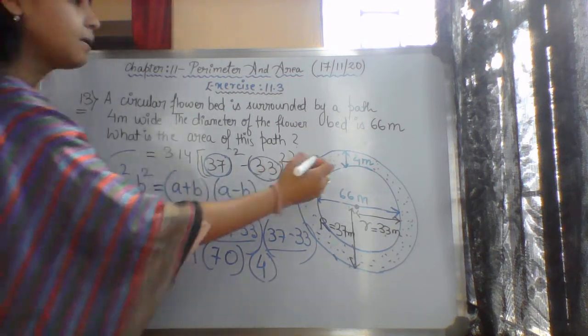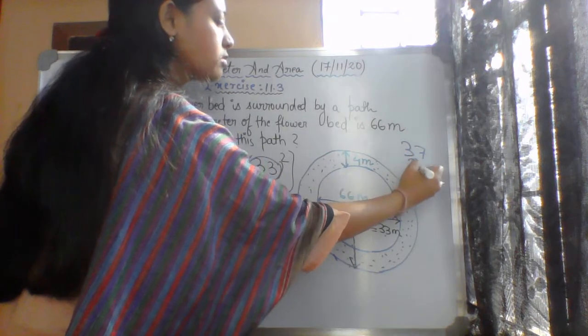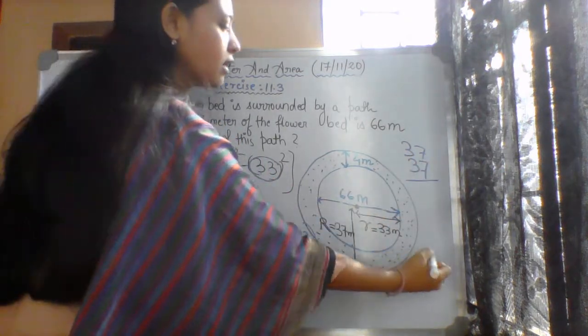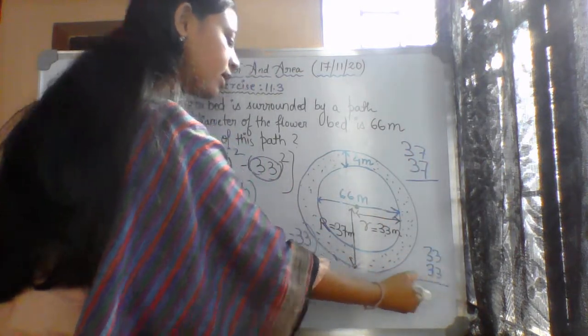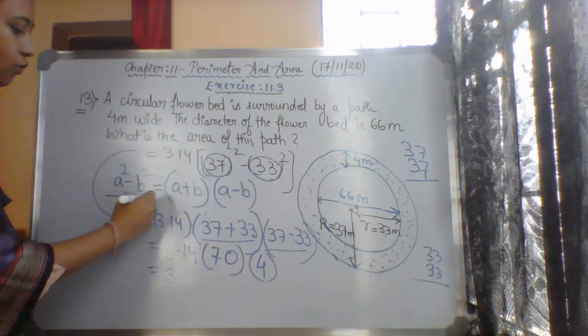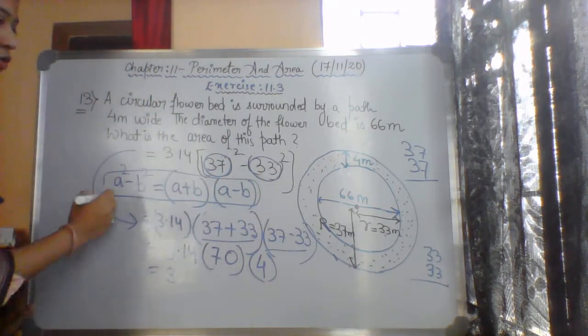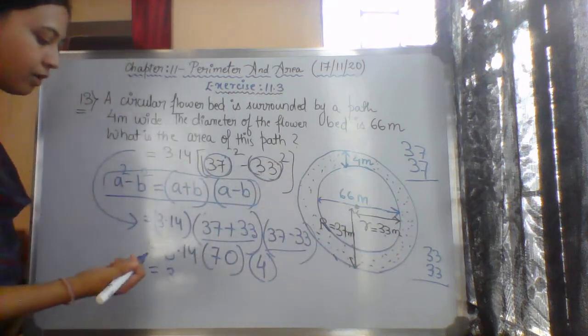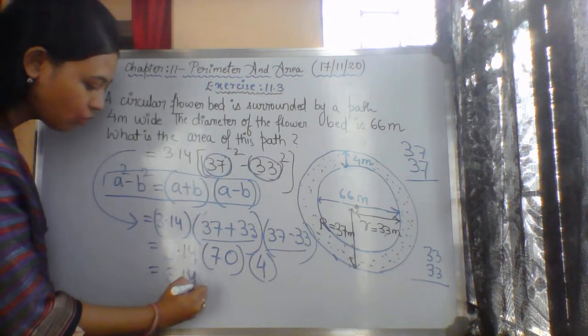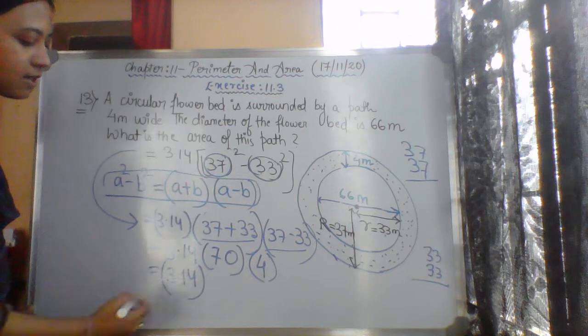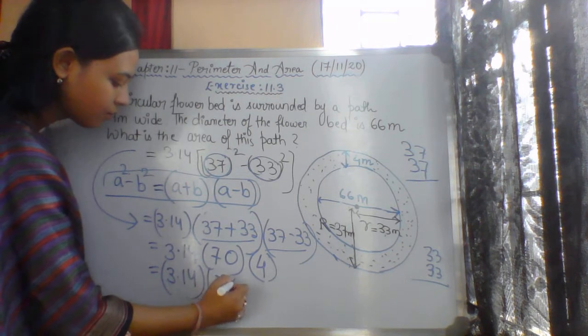No need to multiply the long 37 square, 37 into 37, then 33 into 33. That also you can do, because this is a new thing for you and it is not there in the syllabus, so you can directly do that also. So 3.14 multiplied by 70 times 4, 4 sevens are 28, 0.